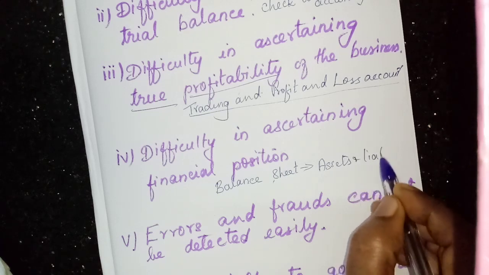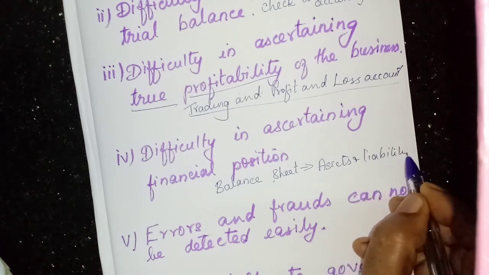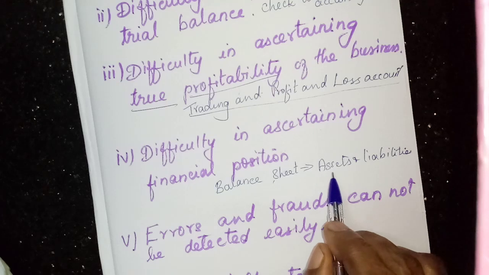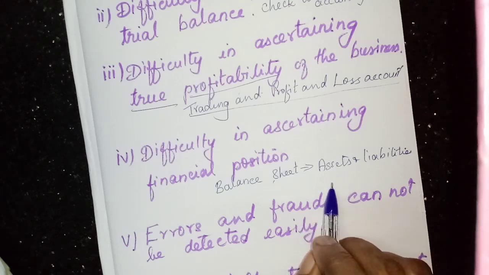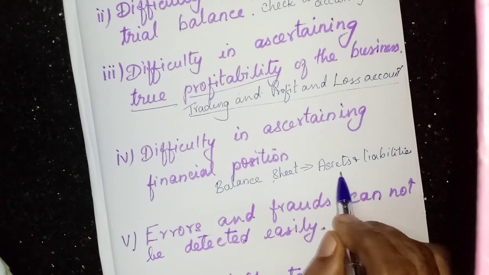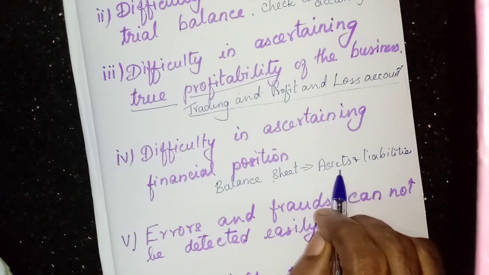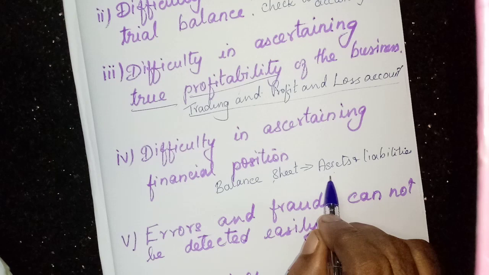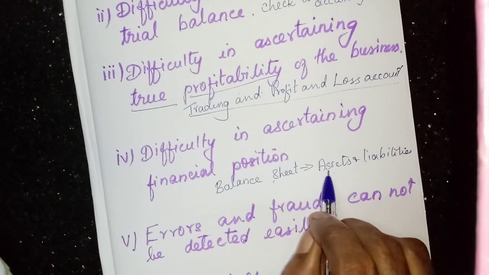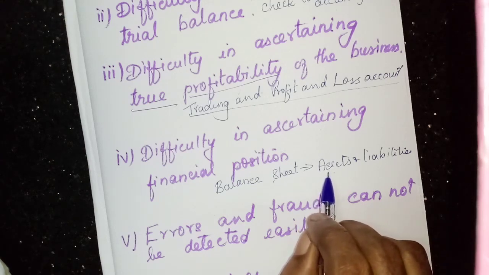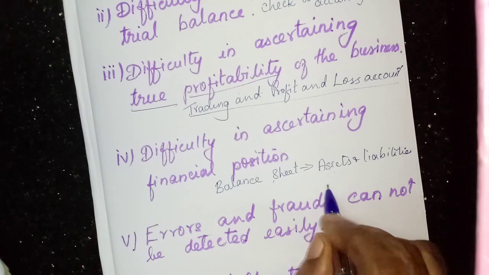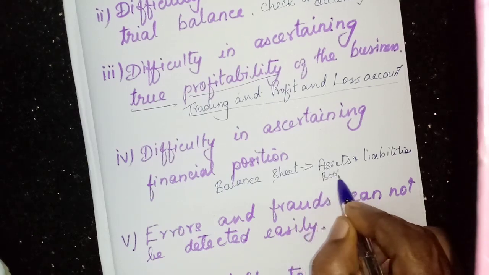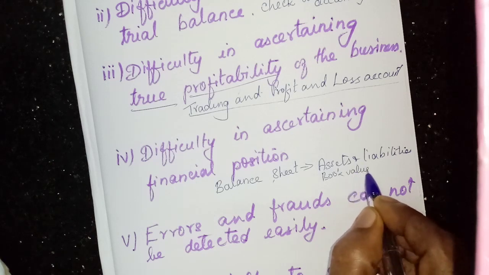In the usual practice, the depreciation will be deducted from the cost value, that means the purchase price of the asset, and the net value is the book value. So all the assets will be shown at book value.